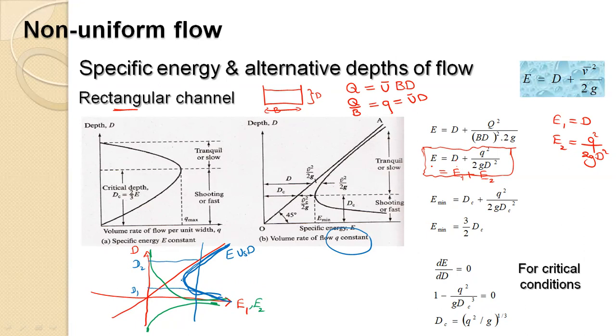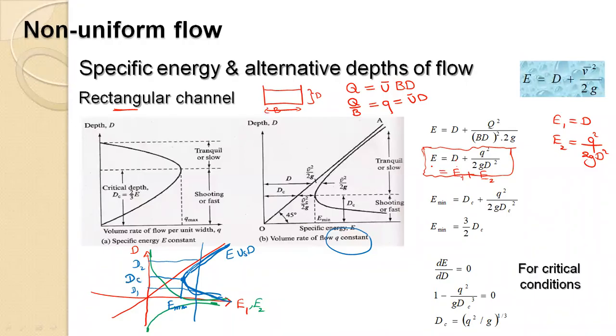And there is a point where the solution will have only one. That is the minimum one. This represents the minimum specific energy, and we call this the critical depth.